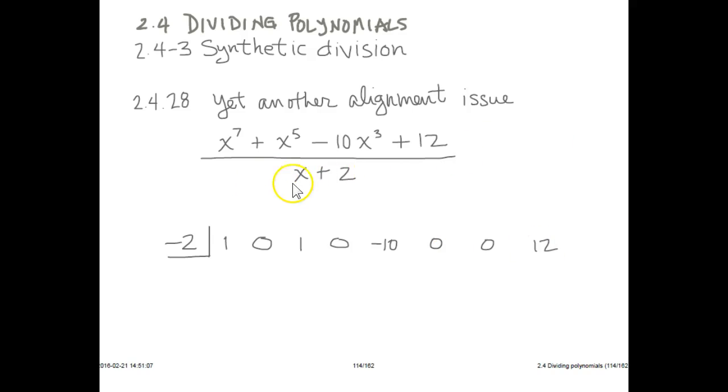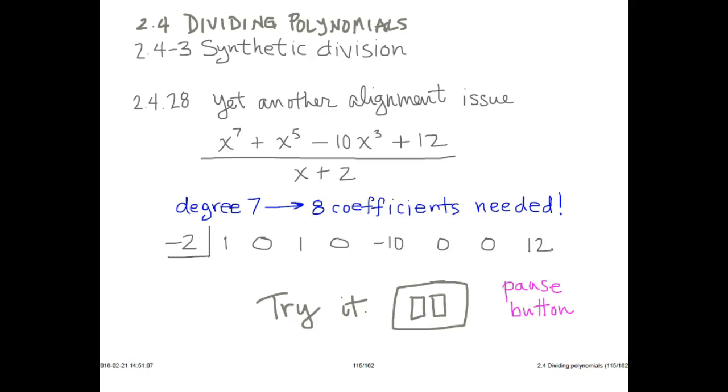And also observe, I have x plus 2 in the denominator, which gives me a negative 2 here, because this is x minus negative 2.